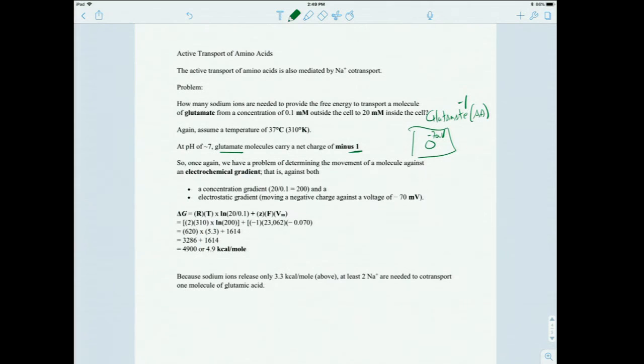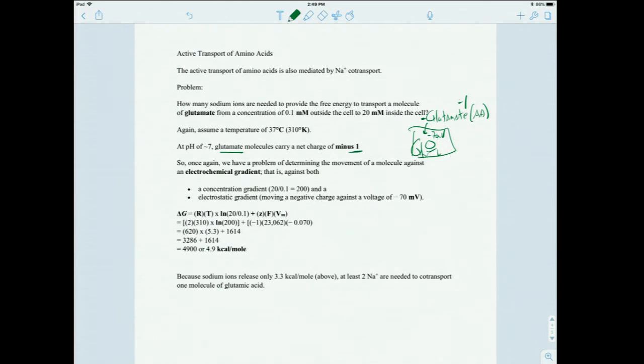So now I'm taking a negative, and I am having to move it across the membrane to another negative. And so that's going to be a challenge. Okay, so that move there, negative across to negative, I am now requiring energy to do that. Plus, on top of that, I'm going to have a lot of glutamate in here and a little bit here. So I've got two things that I have to consider.